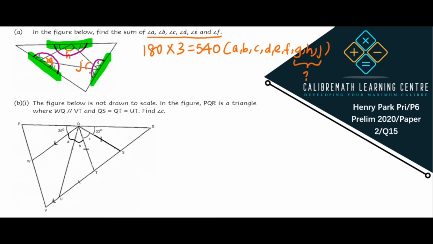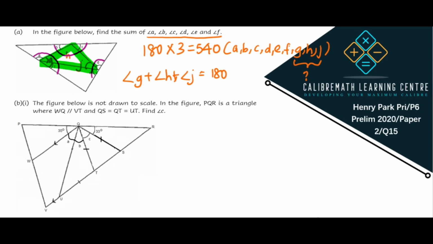Now if we focus on this triangle over here, you would actually realize that G, H, and J form a triangle, and that gives us a sum of 180 degrees. So angle G, angle H, and angle J actually forms 180 degrees since it's a triangle.